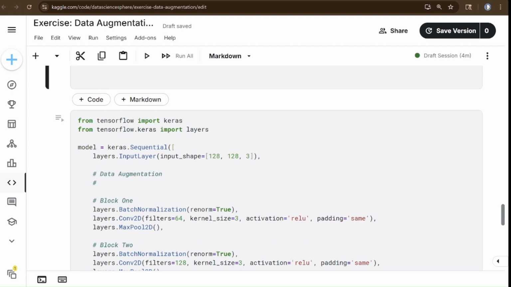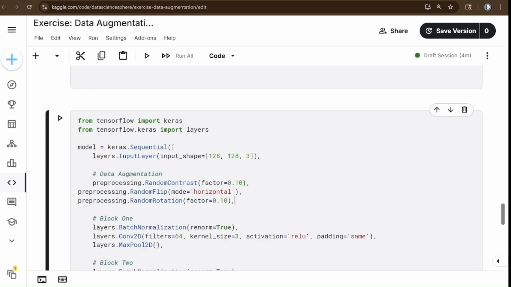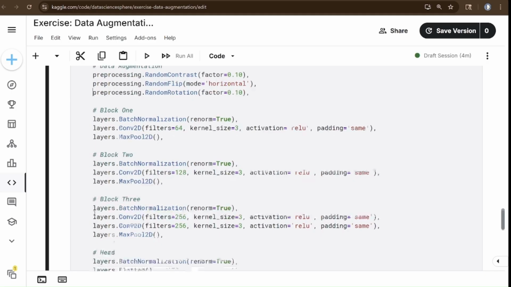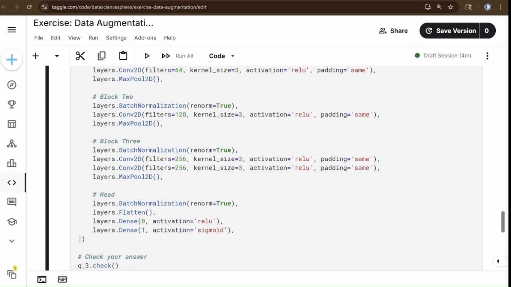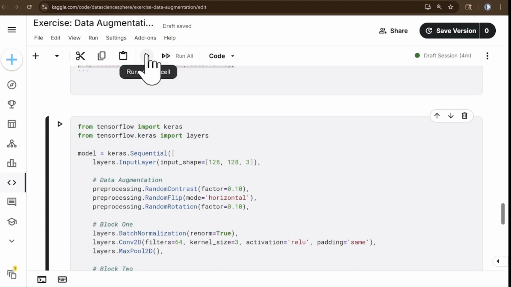They have told you to copy this only. Okay. So this is the model structure. First, batch normalization, convolution, max pooling, batch normalization, convolution. You are doing this 3 times, then you are applying the head. Okay. Now if you want, you can just run it.